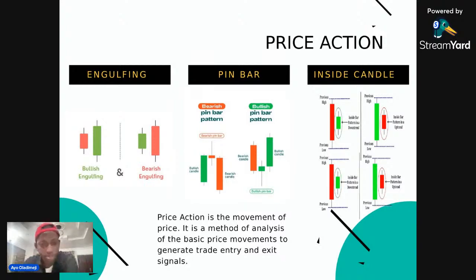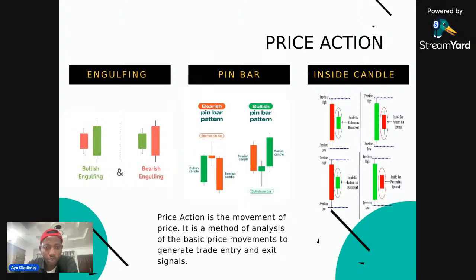For the bullish pin bar, again, it's like that hammer image. You have the body, and you can see it opened at the bottom and closes at the top, and it has a long tail and a short wick. So when you have a long tail and short wick, opening at the bottom and closing at the top, it indicates a bullish pin bar.